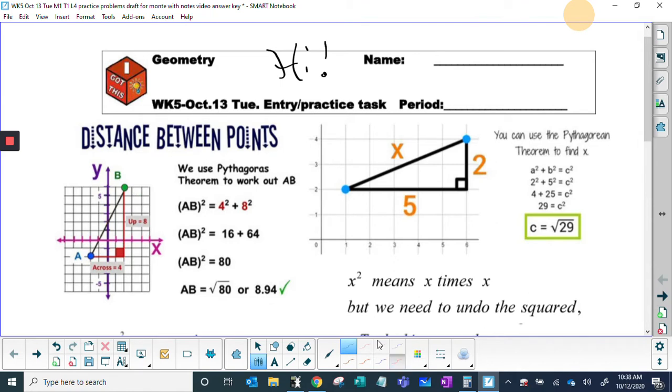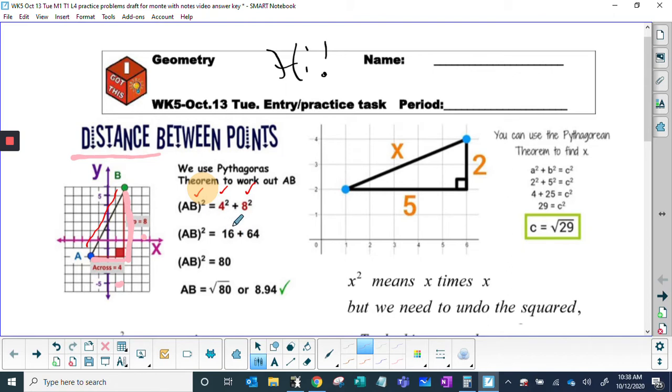So let's grab a new color here. The rise and the run. It turns out that this 4 and this 8 are vital to finding the distance. And what we do is called the square button. 4 squared plus 8 squared equals that distance AB squared.